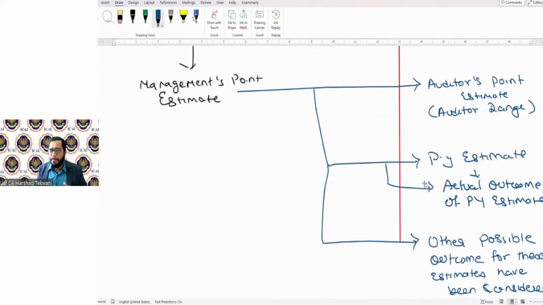Now, a very important part is, what if there is a difference between the auditor's point estimate and management's point estimate or auditor's range?